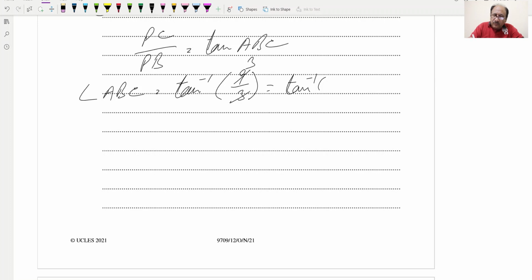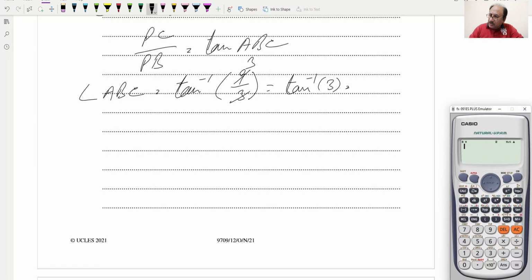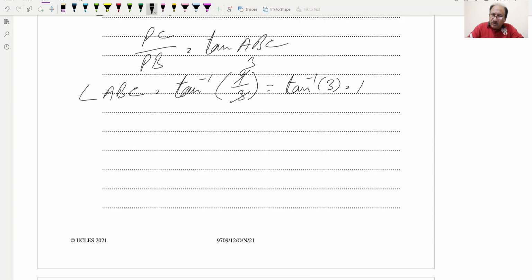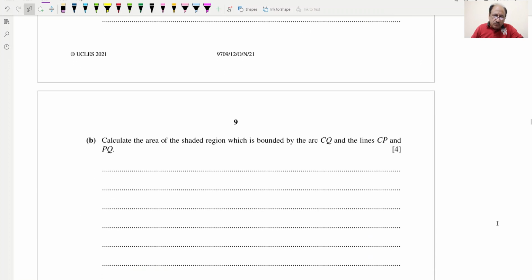Tan inverse of 3 on the calculator is equal to 1.249, and rounded to three significant figures, 1.25. This is what we were supposed to prove.